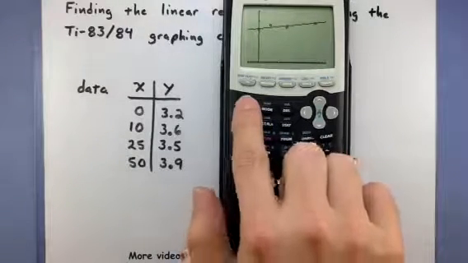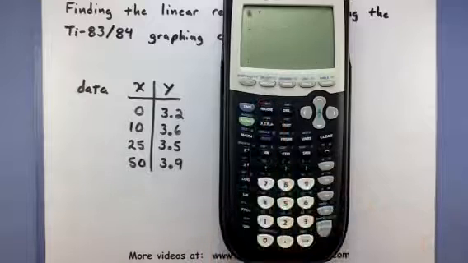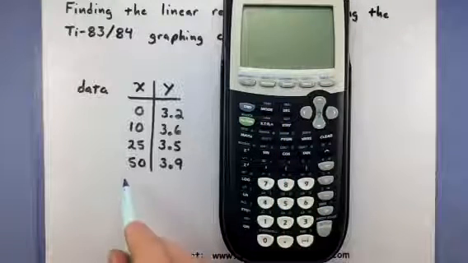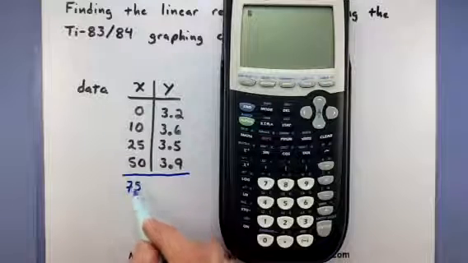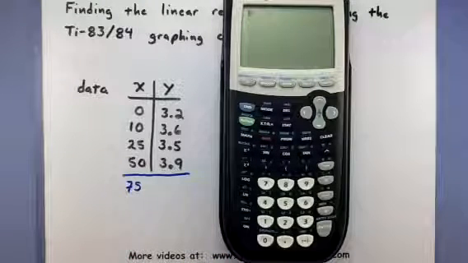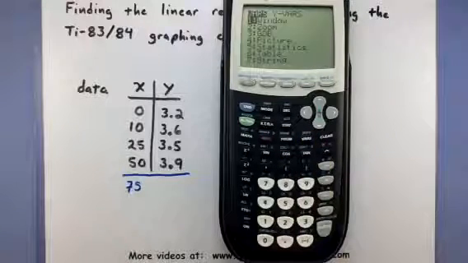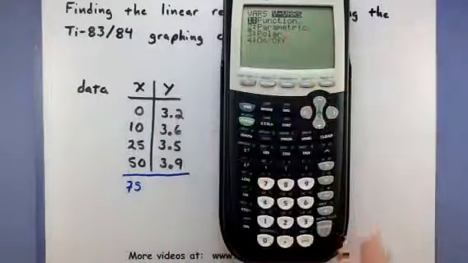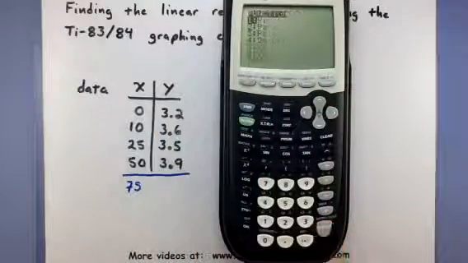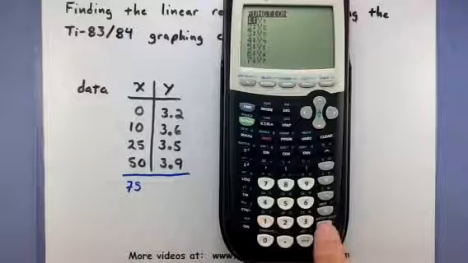So I'm going to press Second and Quit and return to my home screen. Now, what if I want to make a prediction as to what my value for, say, x equals 75 will be? Well, as long as I have that linear model stored in there, I can have it make that prediction. To pull that function back up one more time, I'm going to press my Variables, go to Y Variables, have 1 selected for function, press Enter, and Enter one more time for Y1.